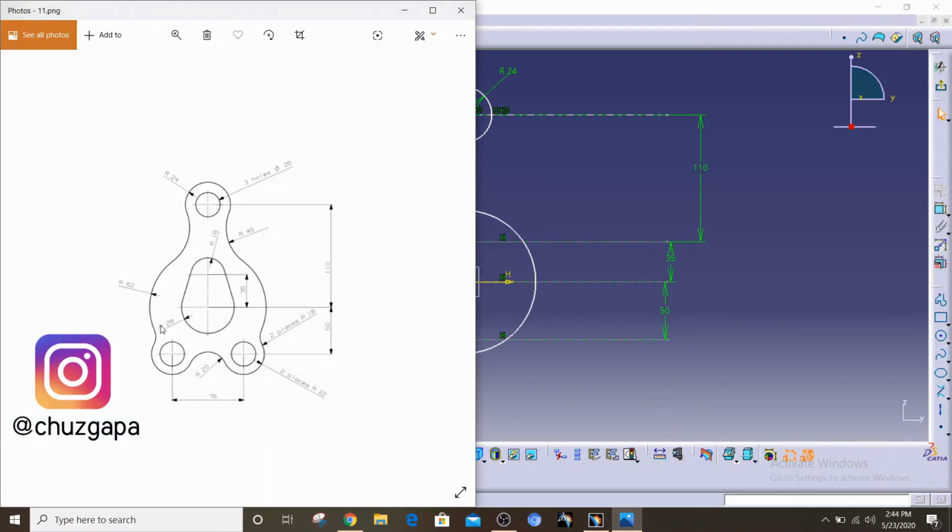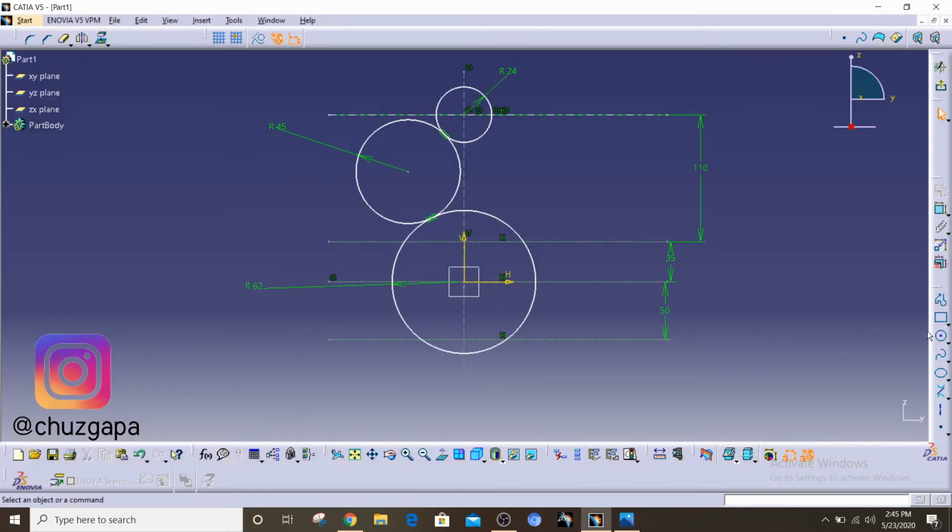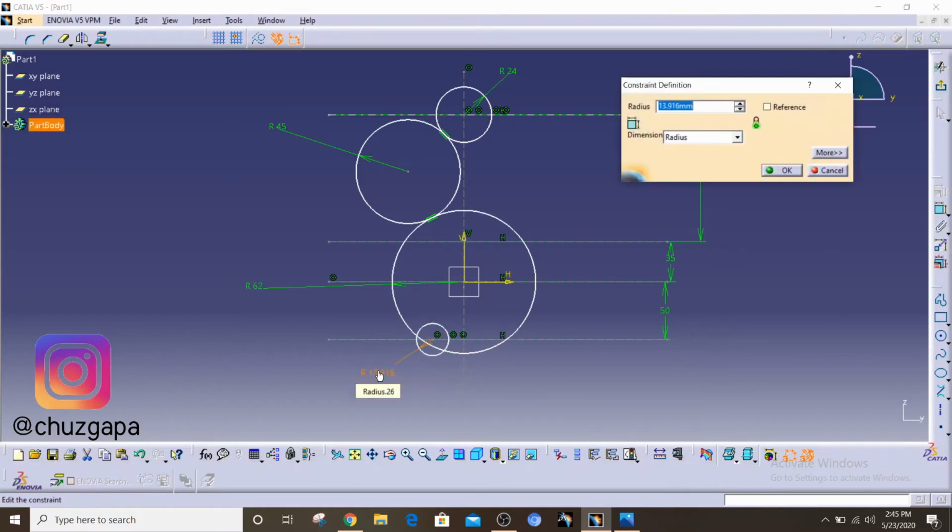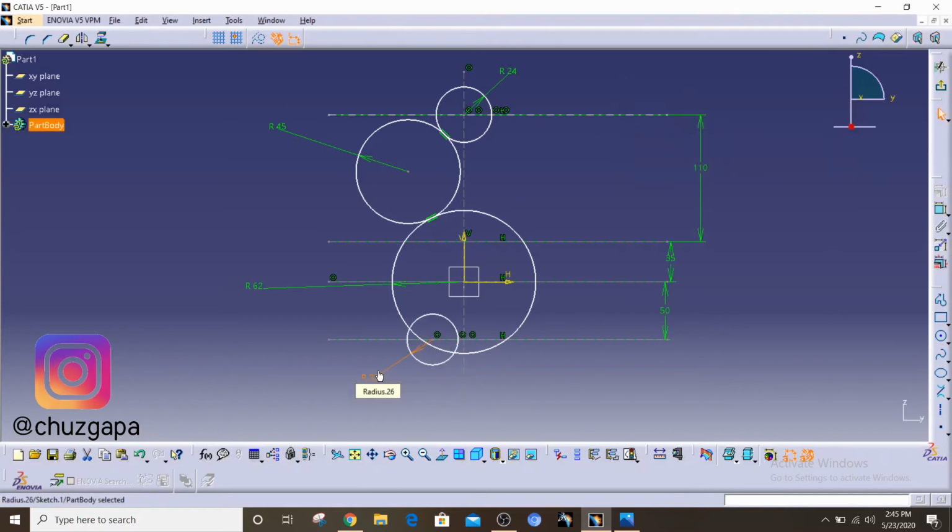Yeah, so we got this one as well, and now we're going to make this circle. Well, not this one, but I'm going to make this one first. Let's see. This is going to be 22 units in radius.